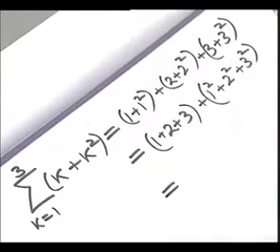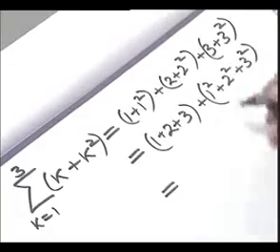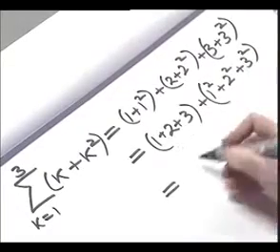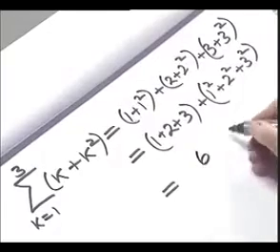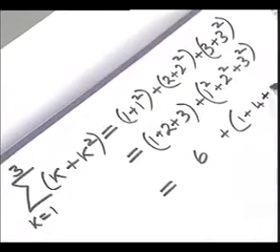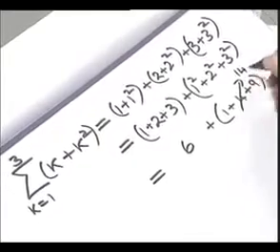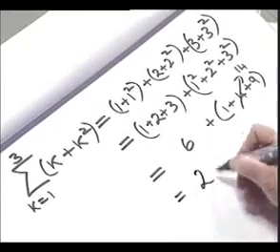When we add these together, we just add them up and multiply out using the square sign. You get 1 plus 2 plus 3 is 6. 1 squared is 1. 2 squared is 4. 3 squared is 9. Add that together, that gives you 14. 6 plus 14 is 20.